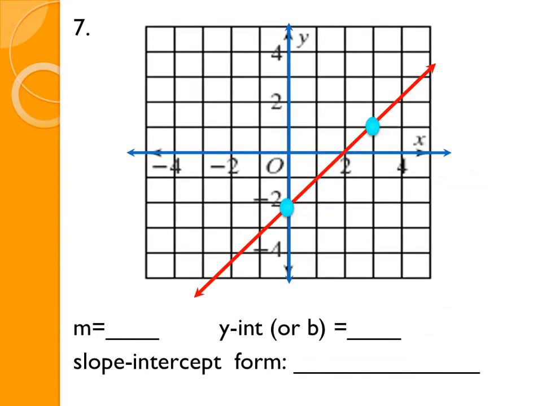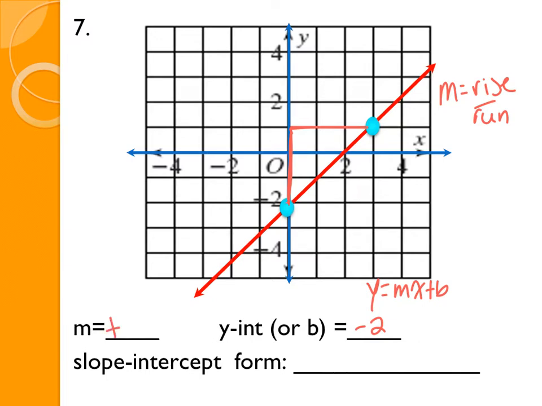Number 7. I'll write my equation. Y equals mx plus b. M equals rise over run. My y-intercept is at -2. It crosses the y-axis at -2. We'll make my slope triangle. I know it's a positive slope.